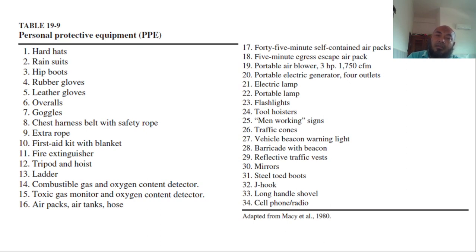Electric lamp, portable lamp, flashlight, a tool holster, men working sign, traffic cone, vehicle beacon warning light, barricade with beacon, reflective traffic vest, mirror, steel-toe boots, J-hook, long-handled shovel, cell phone and radio.